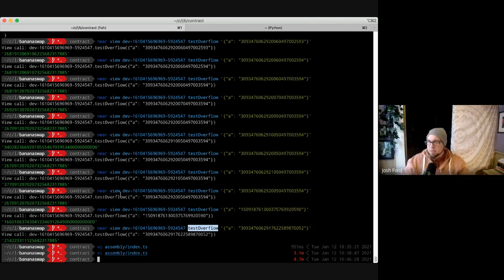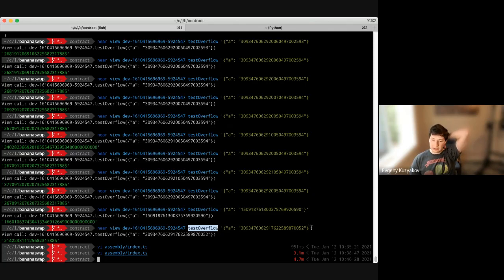Yeah. All right. So the exploit here is we can do a transfer of NEAR to this account to trigger the overflow. Once you trigger the overflow, it basically decreases the price from this enormous number.